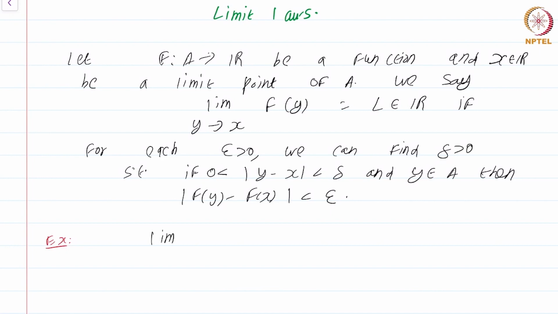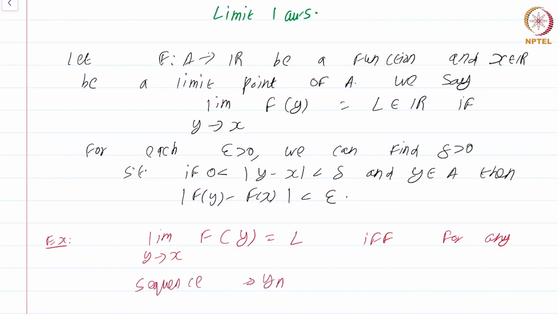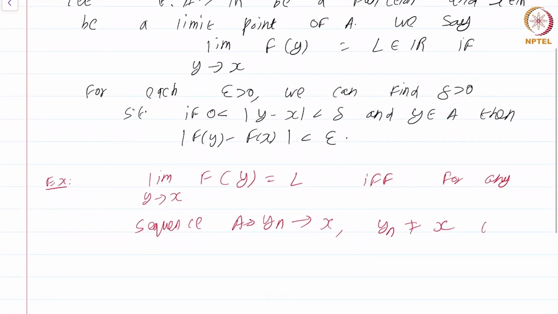The limit as y goes to x of f of y is equal to L if and only if for any sequence y_n in A converging to x and y_n is never x, then f of y_n converges to L.